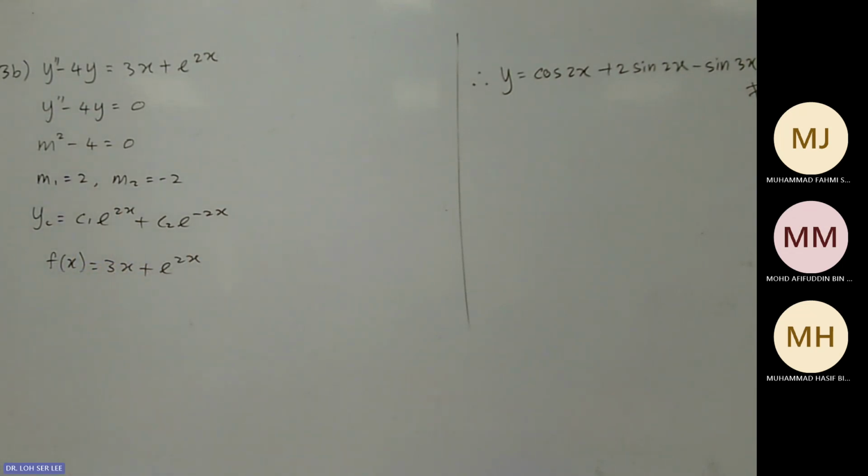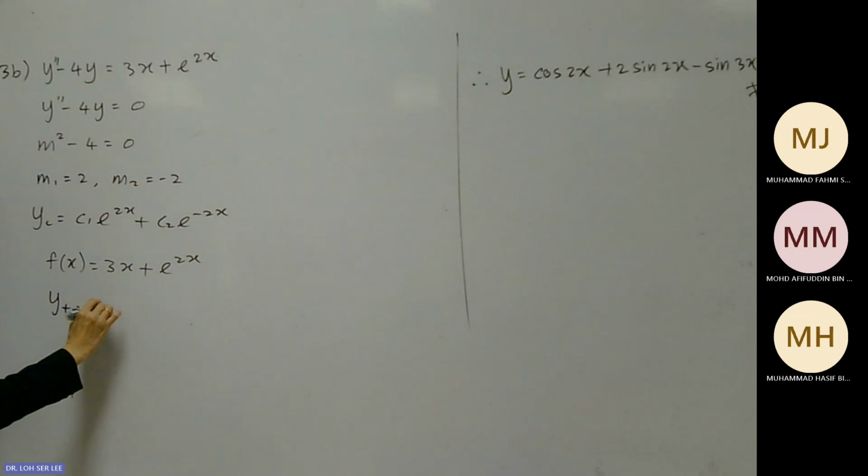Now for this question, f(x) is a linear combination of 2 different categories. One is polynomial, plus another one is exponential functions.